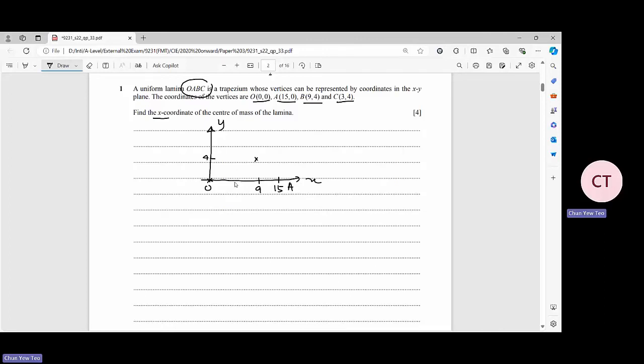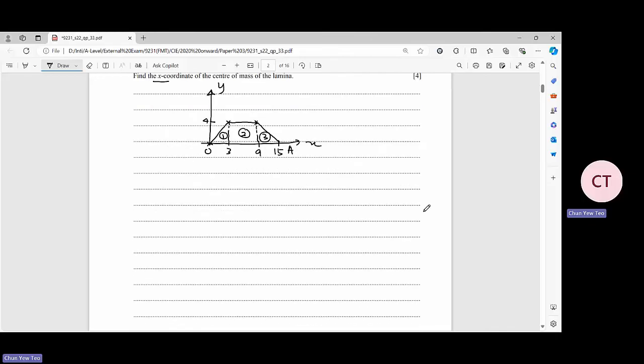Then for the point C is 3, 4. So you can see that if you combine them together, this is a trapezium. We can separate them into one triangle, one rectangle, and one triangle. Okay, so now the situation is more clear.